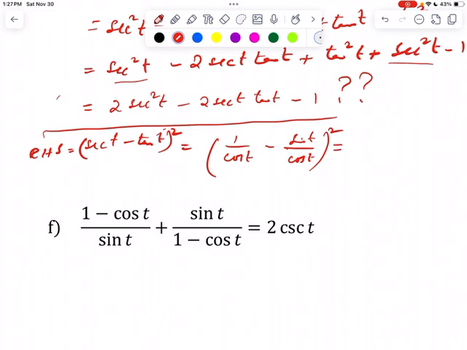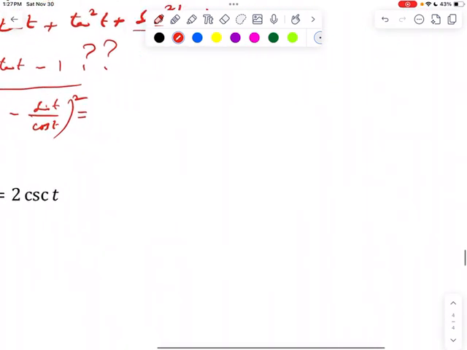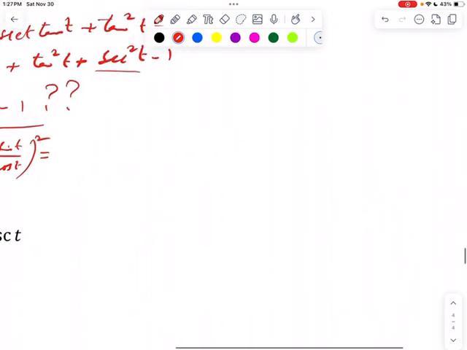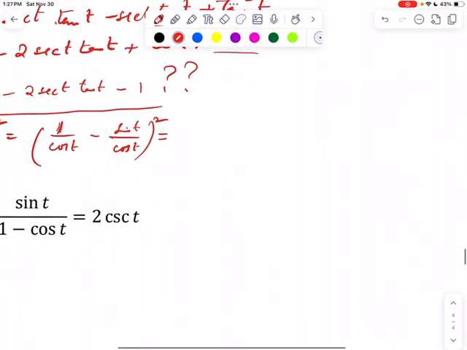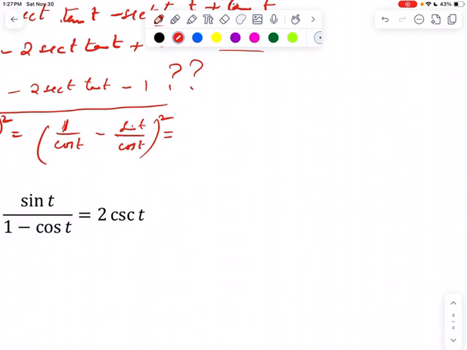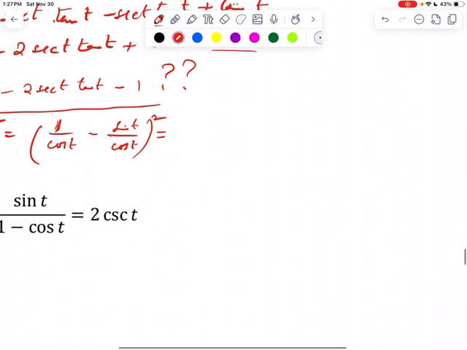But if you notice the inside in parentheses, the denominator is the same, so I can write it as 1 fraction. So it will be equal to 1 minus sine t whole squared over cosine t.